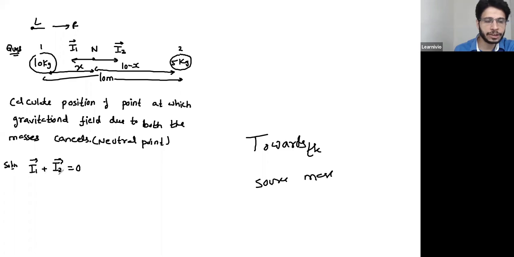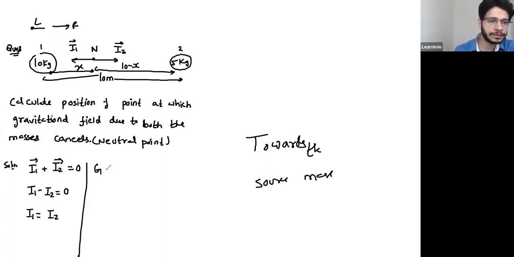So the net vector sum of field is 0. If you check, I1 and I2 are acting in opposite directions. Now if they are acting in opposite directions, you can directly subtract them. I1 minus I2 is 0, or you can simply write I1 is equal to I2.